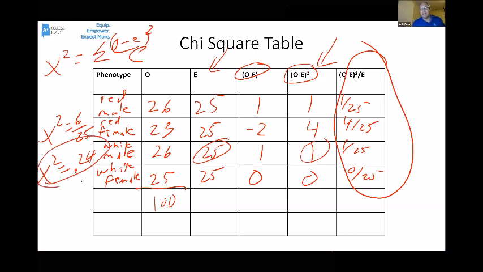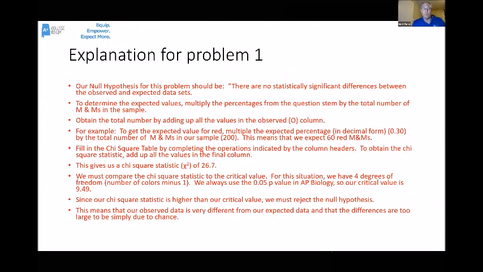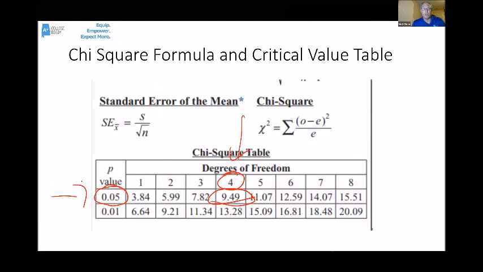Now remember, by itself, that doesn't really tell you much. You've got to compare it to that critical value from the table, which is on your formula sheet. So let's go back to that table. Here's our table. How many different phenotypes do we have in that problem? 4.